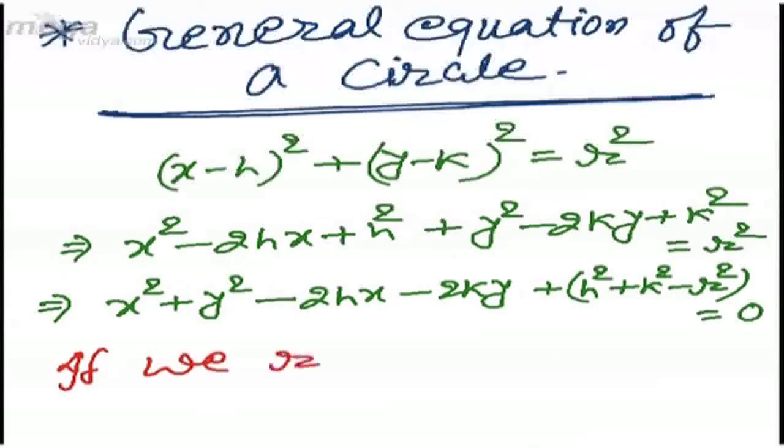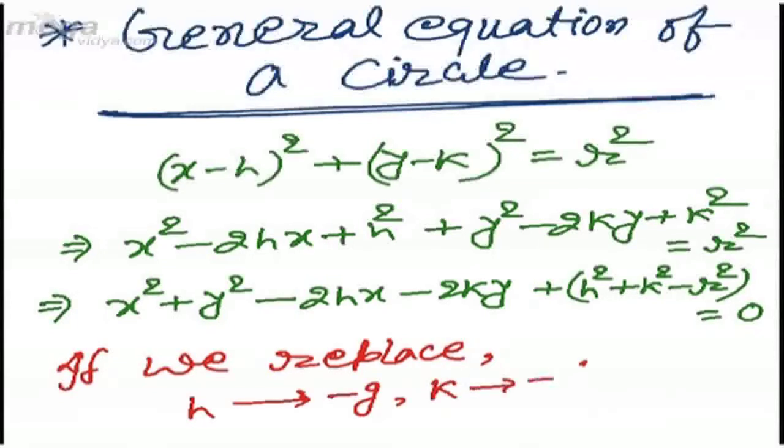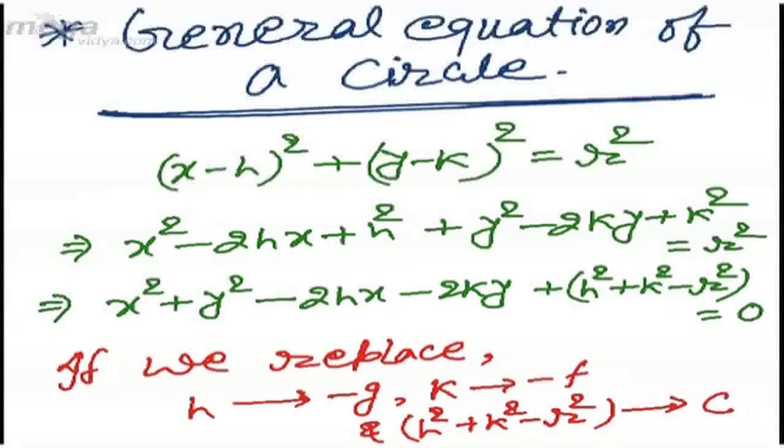If we replace h by minus g, k by minus f, and since h square plus k square minus r square are all constants, we can write it as a single constant c. Then what does it become? x square plus y square.